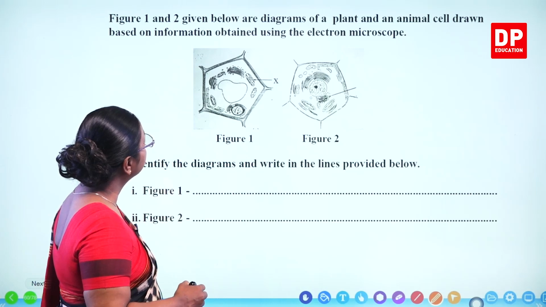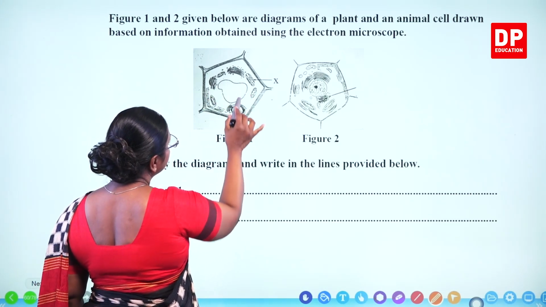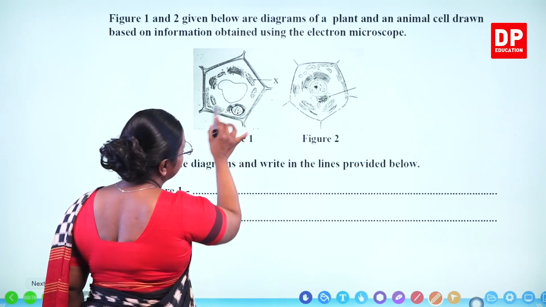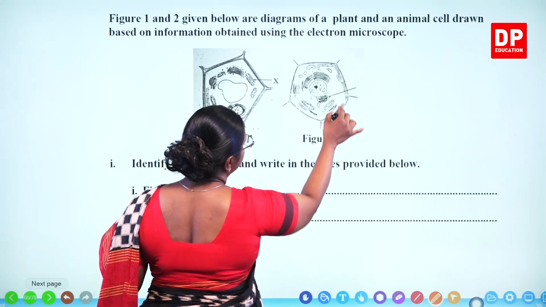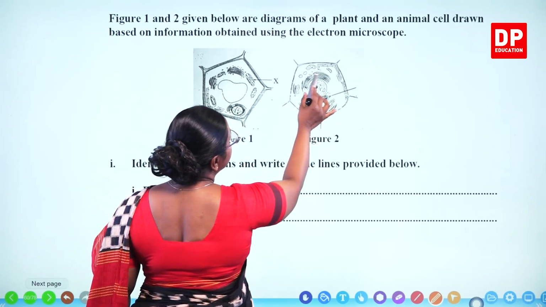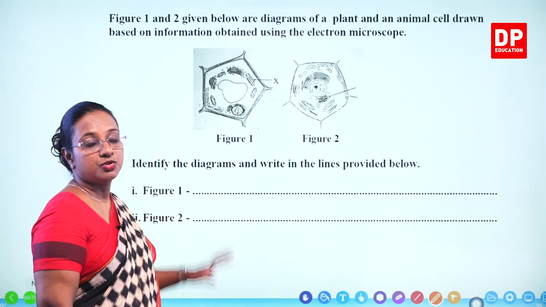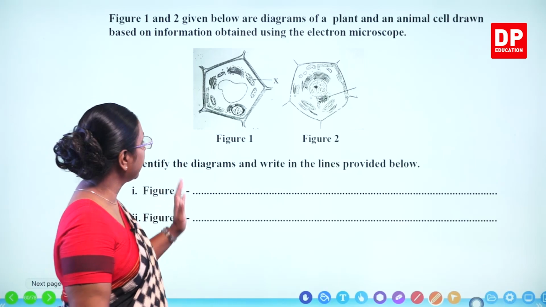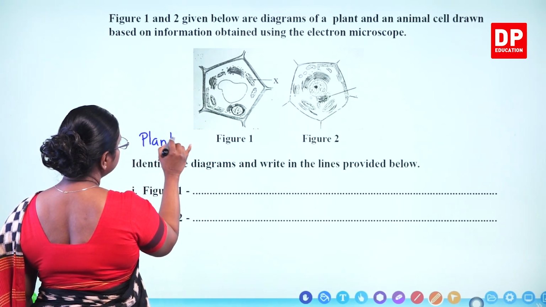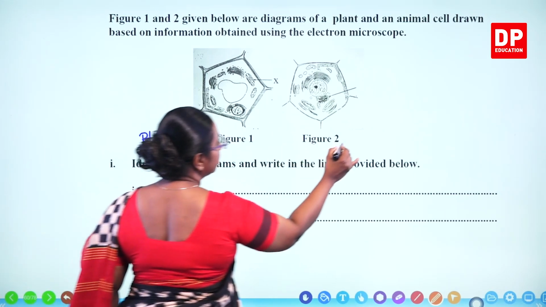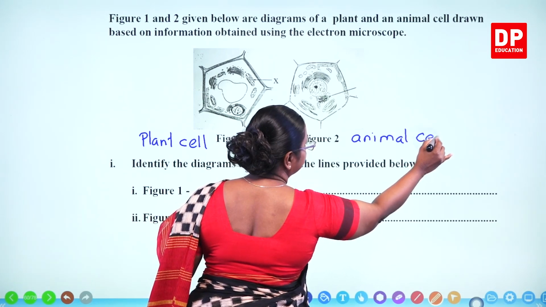We can further confirm that by looking at this structure, the central vacuole and the nucleus being at the periphery, whereas in figure 2, there is no large central vacuole and there is a centralized nucleus. So we can confirm and say that figure 1 is a plant cell and figure 2 is an animal cell.